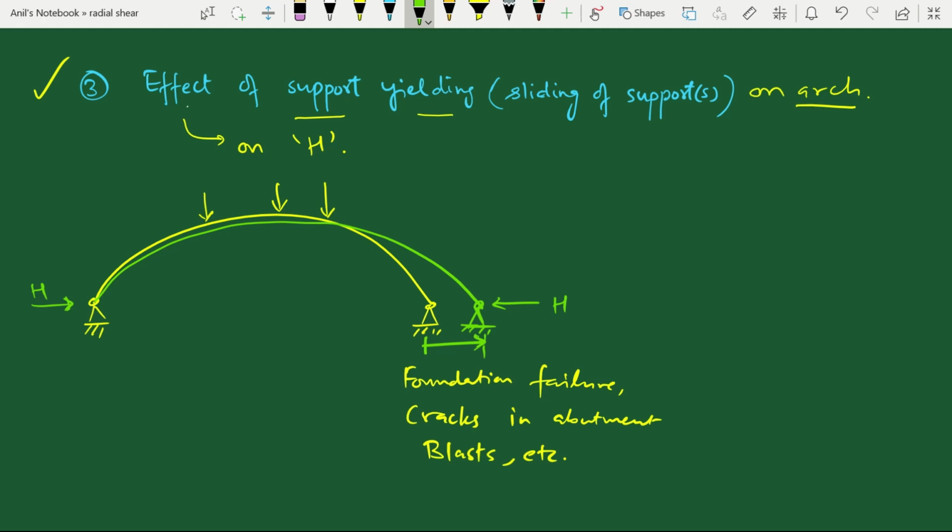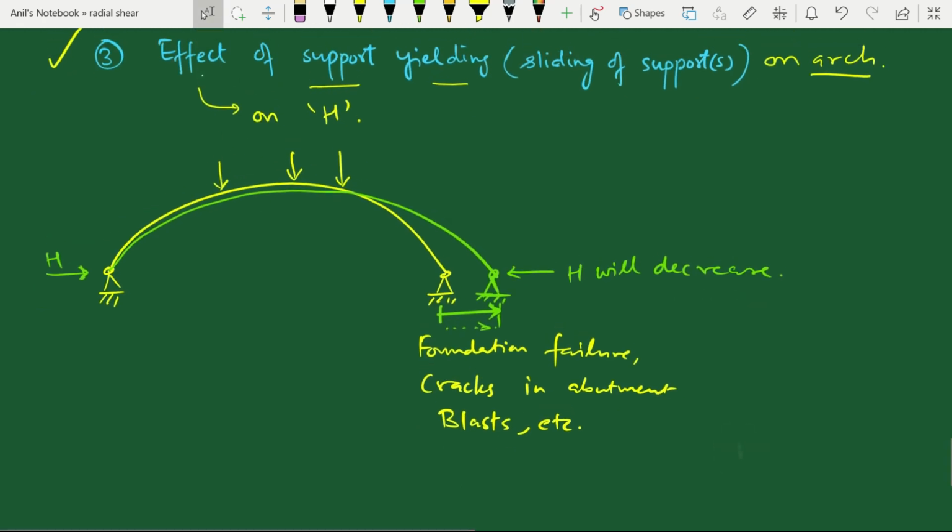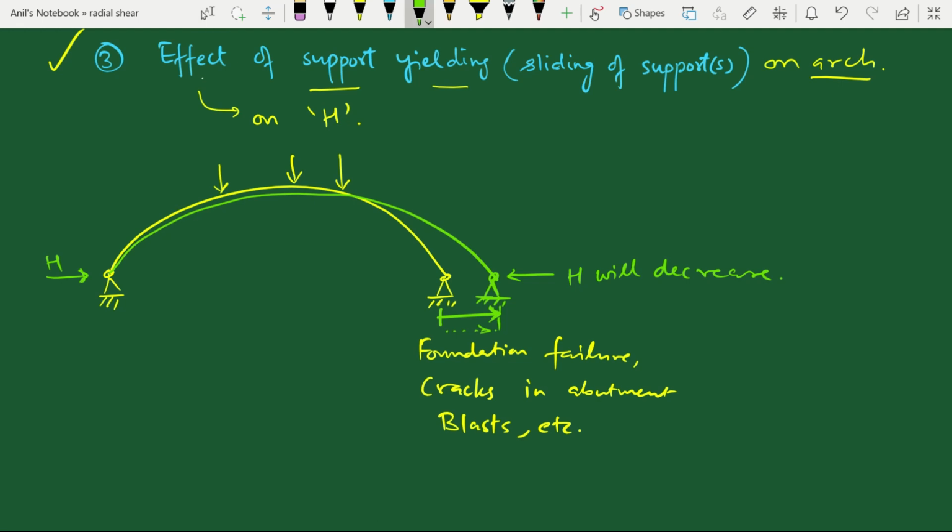Generally, if there is expansion like this, sliding outside, then H will decrease by some amount. Now we will derive a formula to get the new H due to support yielding, say delta. Suppose this yielding is delta.